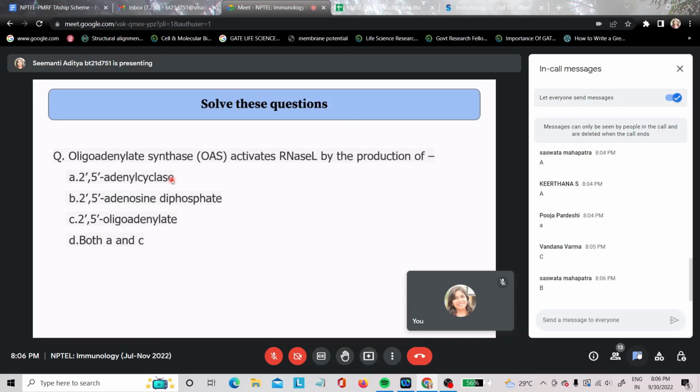So this question: oligoadenylate synthase will activate RNase L by what kind of reaction? So what is oligoadenylate synthase?